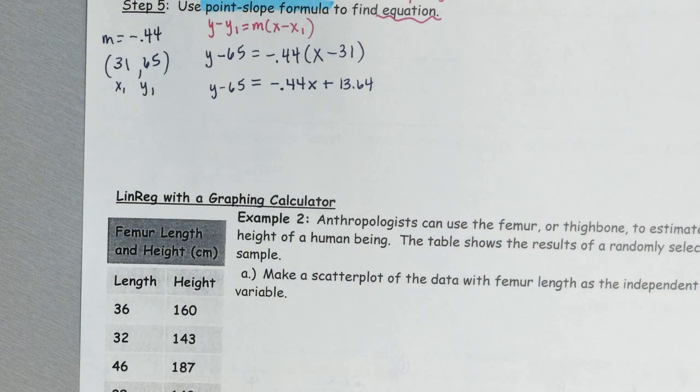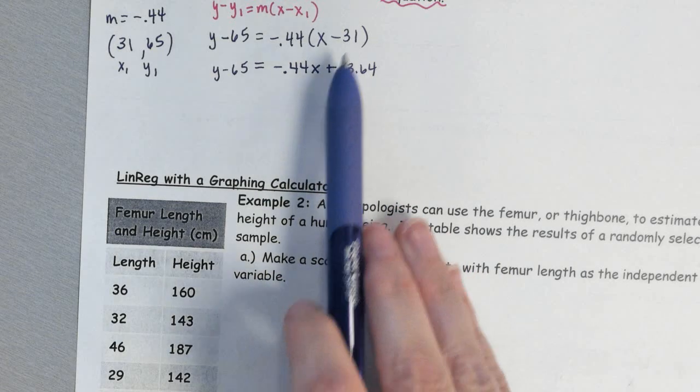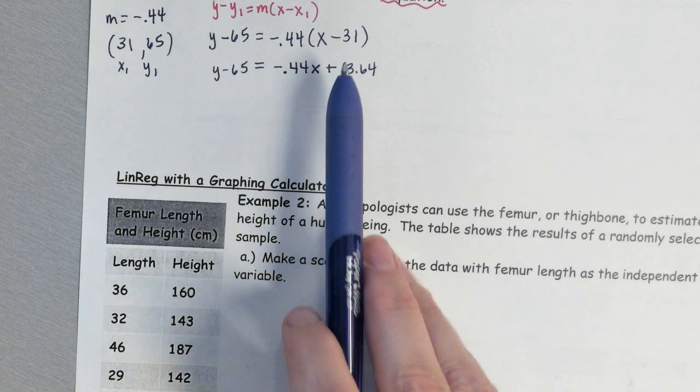So you guys are using your values. We're just distributing, right? So the negative 0.44 times x, the negative 0.44 times negative 31, I'm distributing.